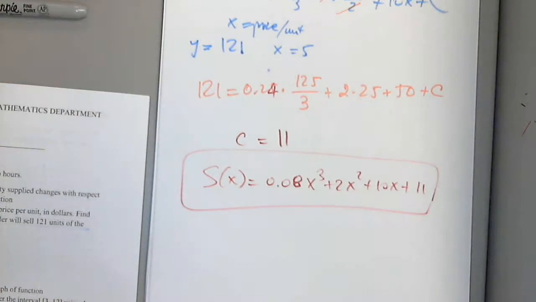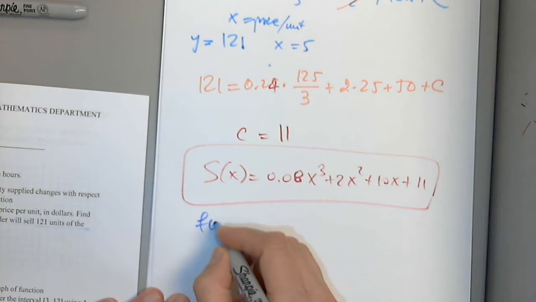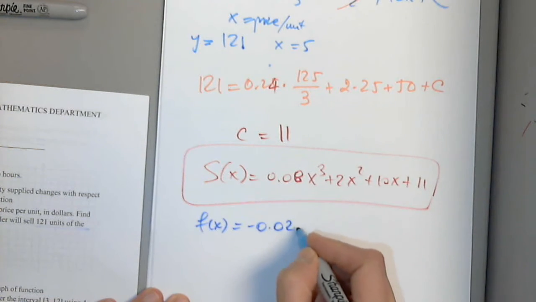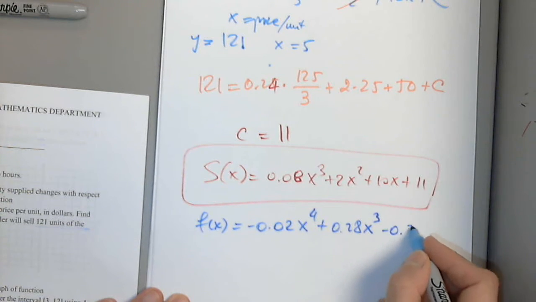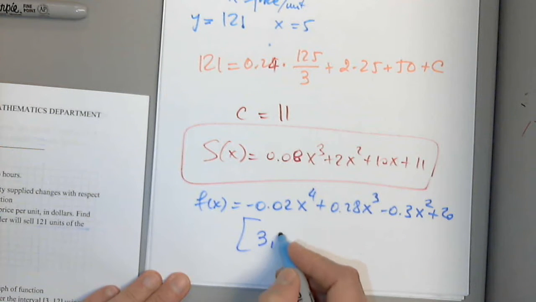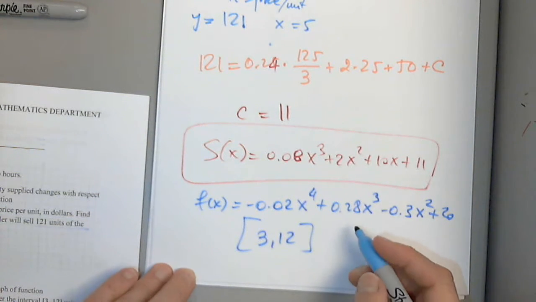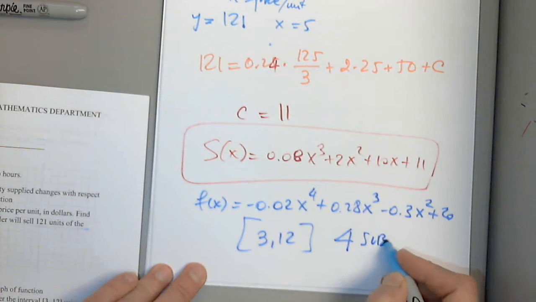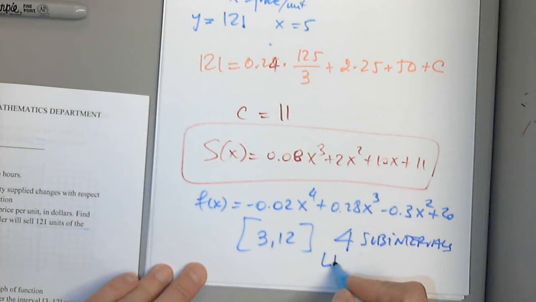Problem 2. Approximate the area under the graph of the function f of x equals negative 0.02 x to the fourth plus 0.28 x cubed minus 0.3 x squared plus 20 on the interval 3 comma 12 using 4 subintervals and the leftmost point.